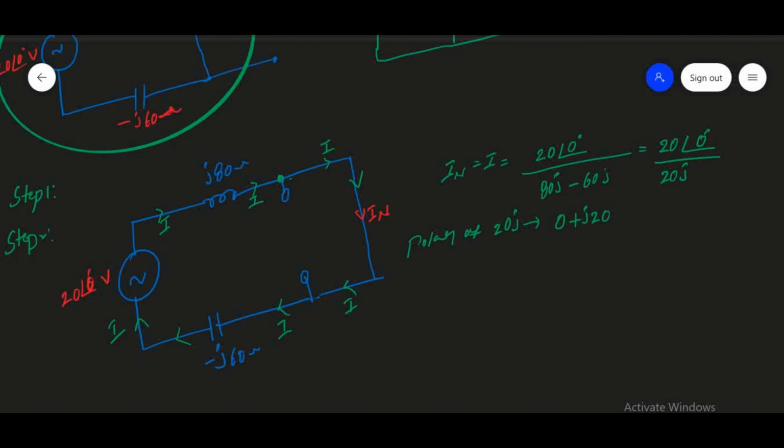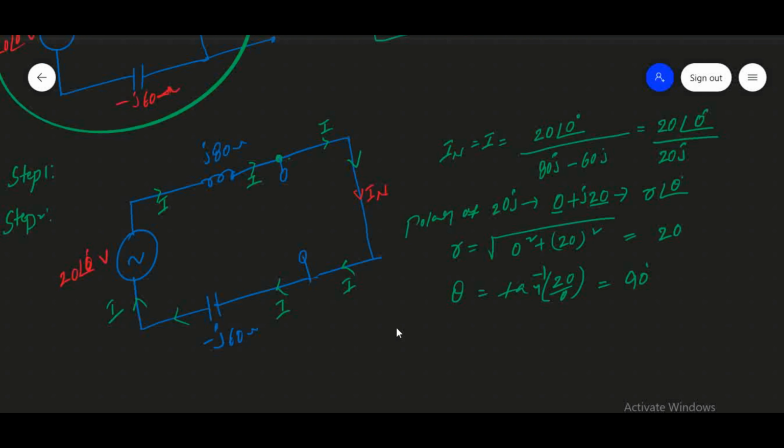Its polar form is R with an angle of theta. R is equal to the square root of 0 squared plus 20 squared, which is 20. And theta is equal to tan inverse of B by A, tan inverse of 20 by 0, which is tan inverse of infinity, so theta is equal to 90 degrees.